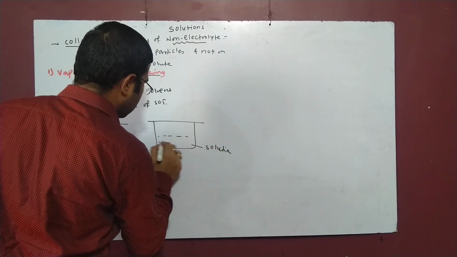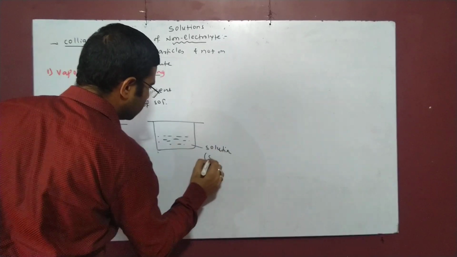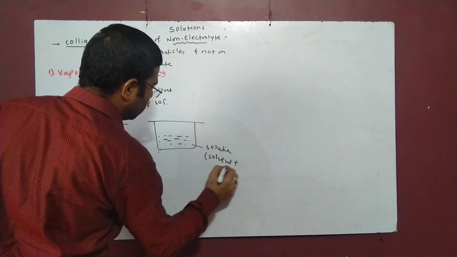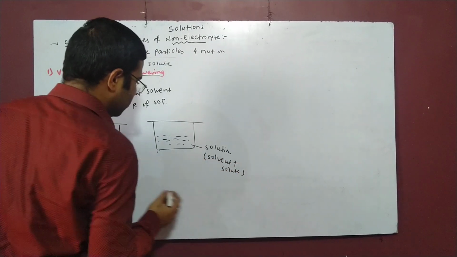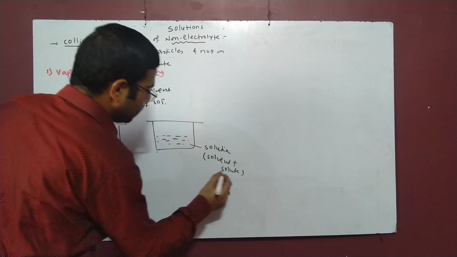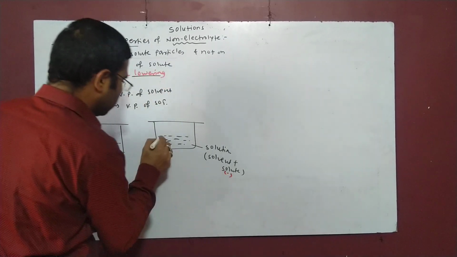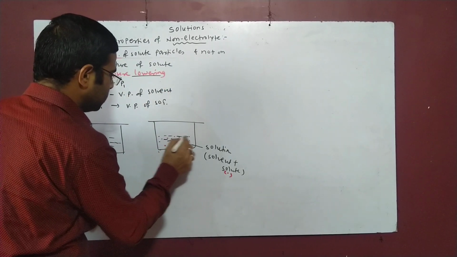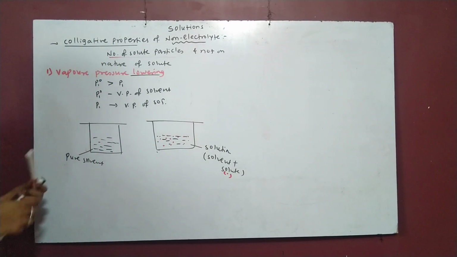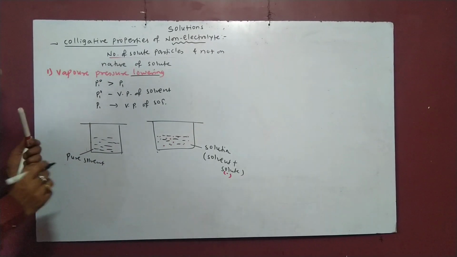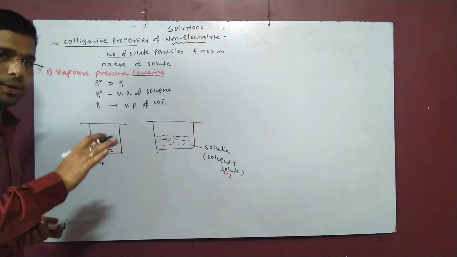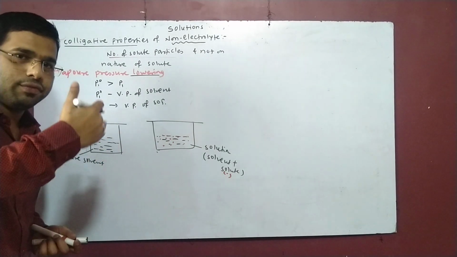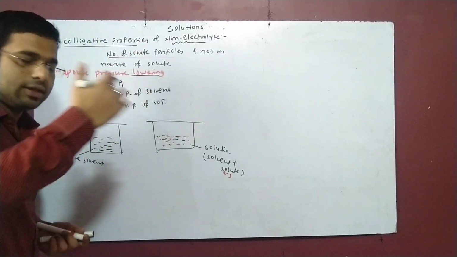When we say solution, it contains both solvent and solute. Here I will show the solute by red dots; solute is present everywhere. Vapor pressure is a surface phenomenon. Molecules present on the surface convert into the gaseous state and exert the pressure.